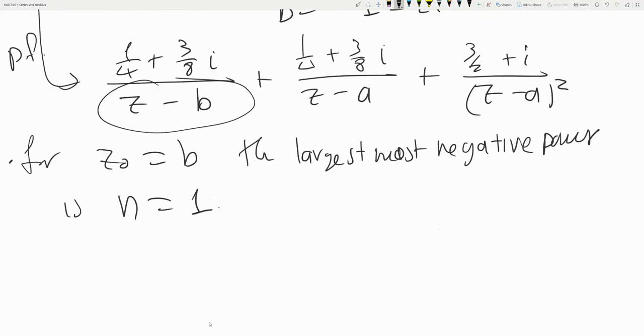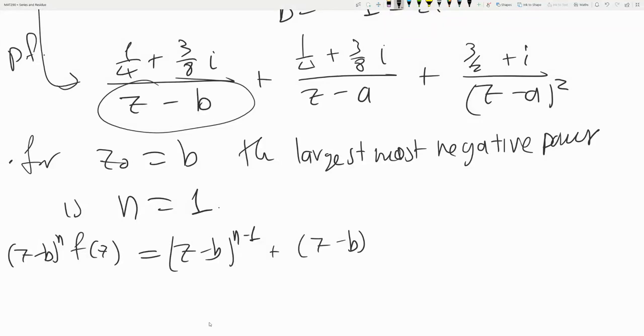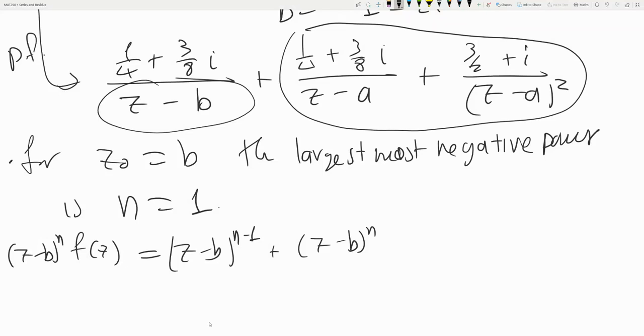And if you like, a way to check it more formally is you multiply by z minus b to the n, and you have z minus b to the n minus 1, z minus b to the n with this entire function, call it g. Okay, and then you take a limit.